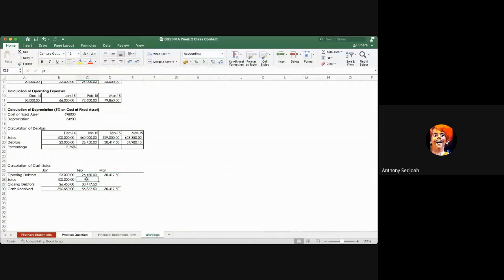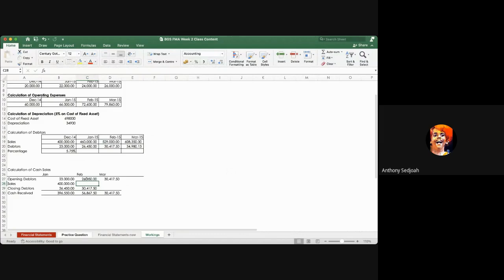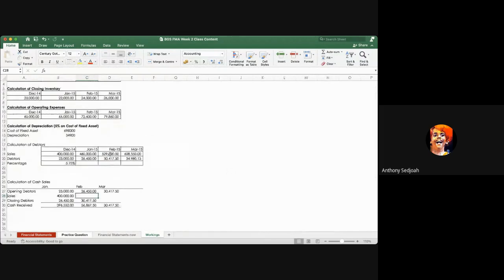Then the sales in February. What's the sales in February? Okay, sales in February is showing at the top here, so I'll just pick it up. Then I'll pick up sales in March too. Then closing. Closing for March is also here.